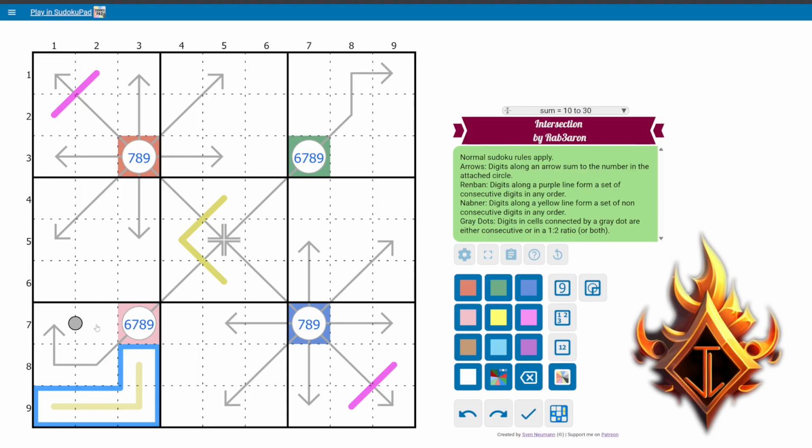Red could be on the dot, or it would also have to be on the red line, or on the Nabner, I mean. And if that was the case, if red and blue both go down here, then they are 7, 9. I don't think that would be an issue.